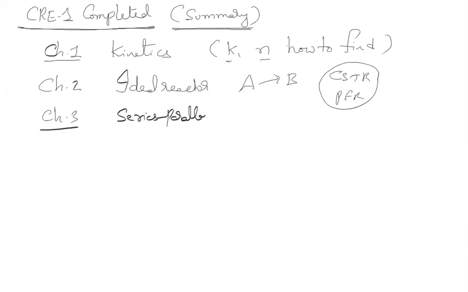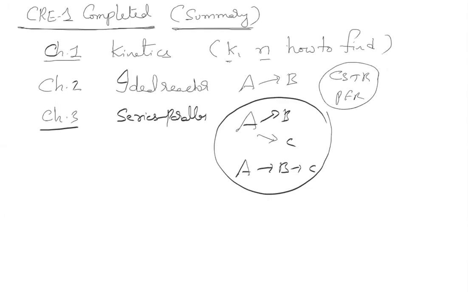What did we study here? If you have a reaction like A gives P, A gives C, or A gives B gives C, how do you select between a CSTR and a PFR? This is what we have done till now. Clear?